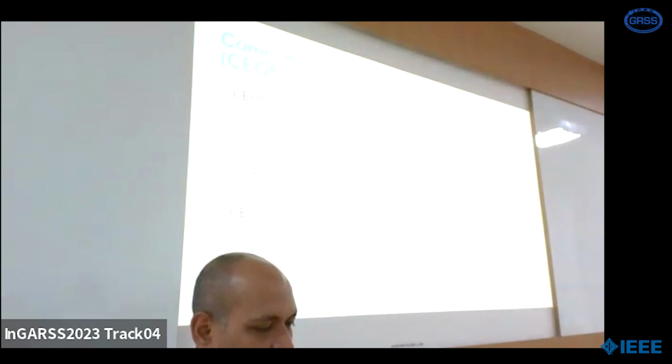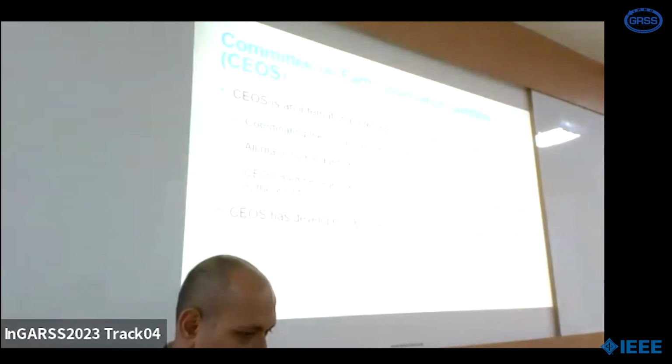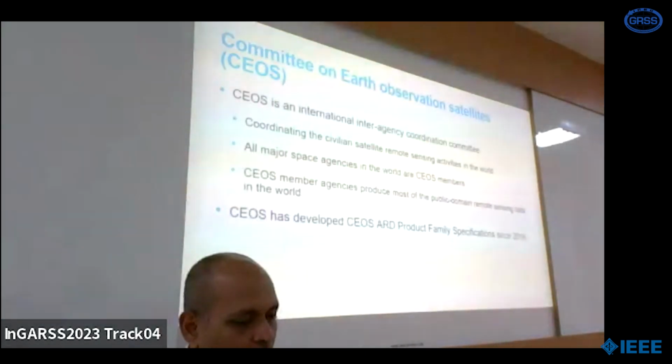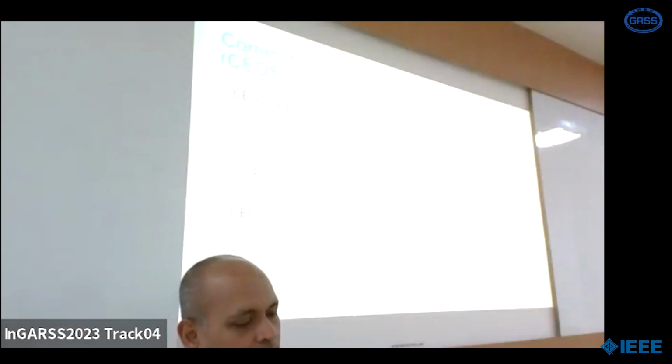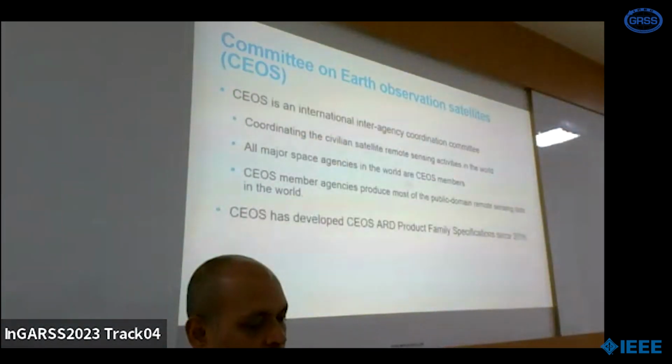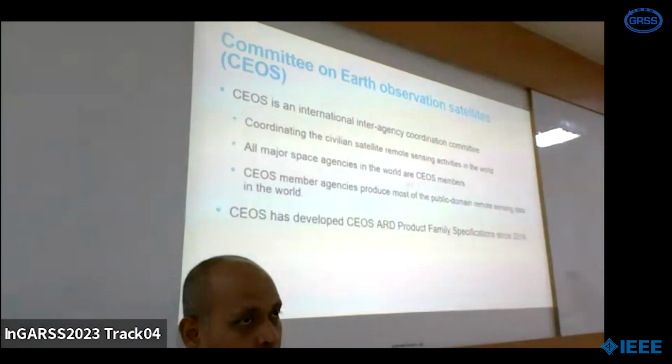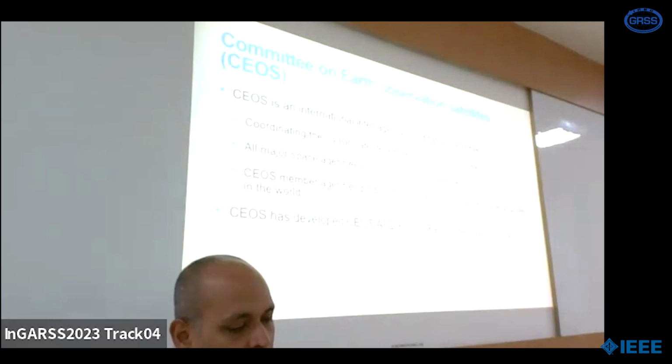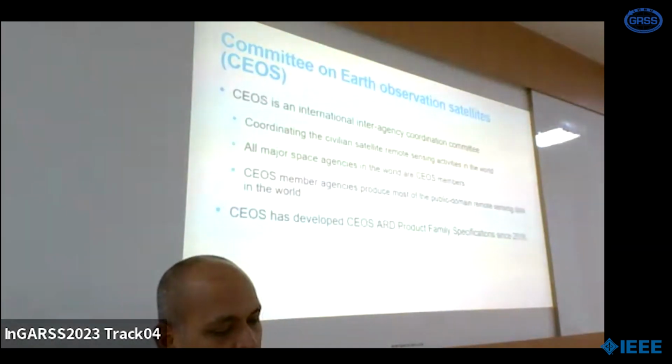Here I introduce the Committee on Earth Observation Satellites, CEOS, because CEOS plays a very important role in the ARD movement. CEOS is an international agency coordination committee. It coordinates the surveying satellite remote sensing activity in the world.